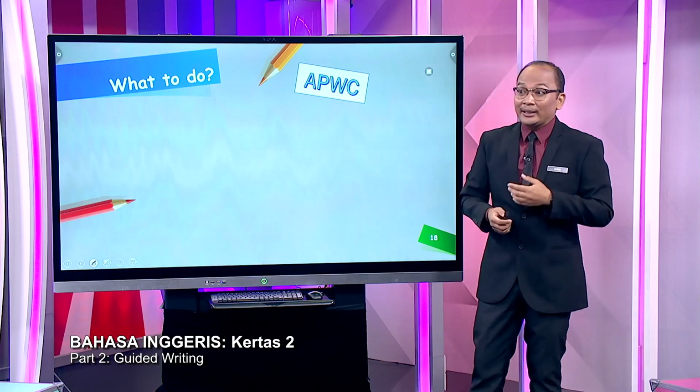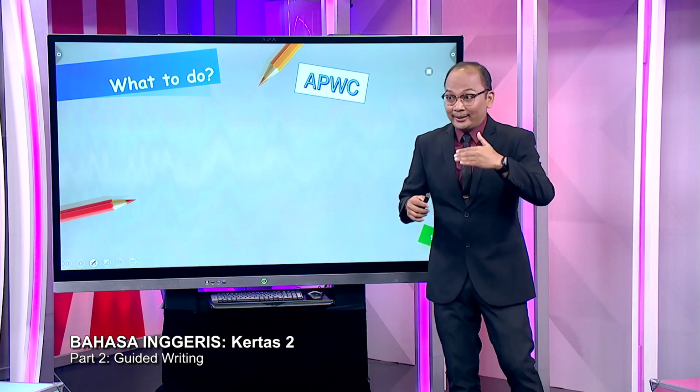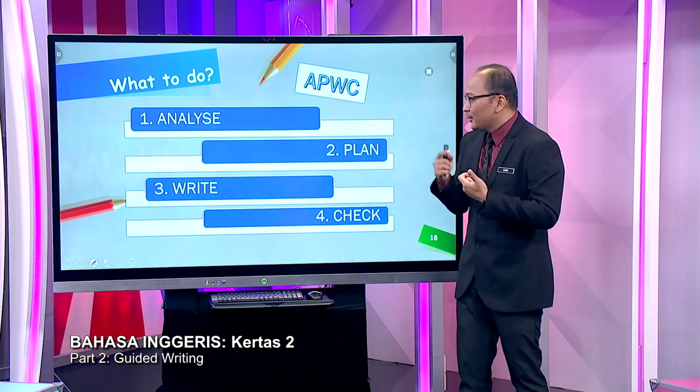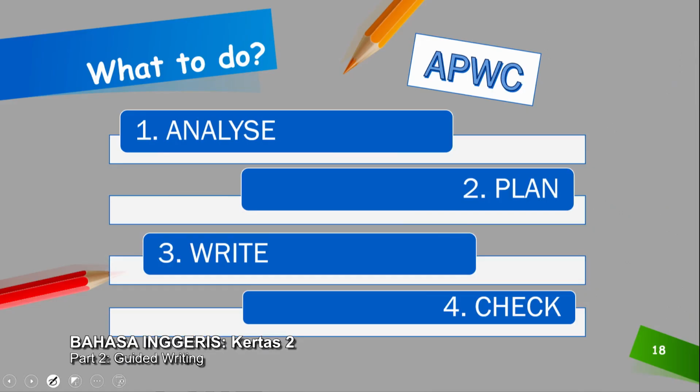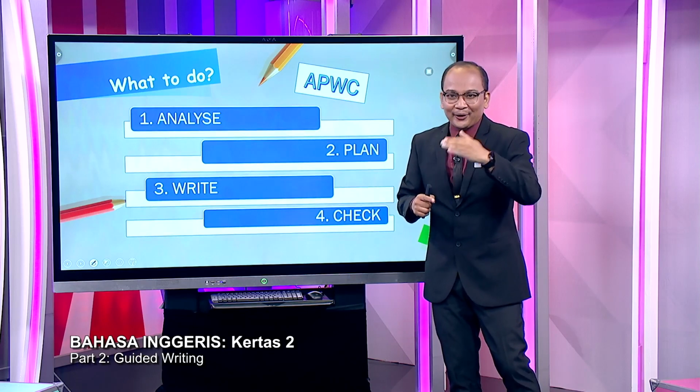What to do? This is the strategy that we need to apply. I'm suggesting this because it really works. If you follow these strategies, it's really going to help you with the steps that need to be taken. The steps are analyze, plan, write, and check. APWC. Just four letters, which will be embedded in your mind for these few weeks before your examination.